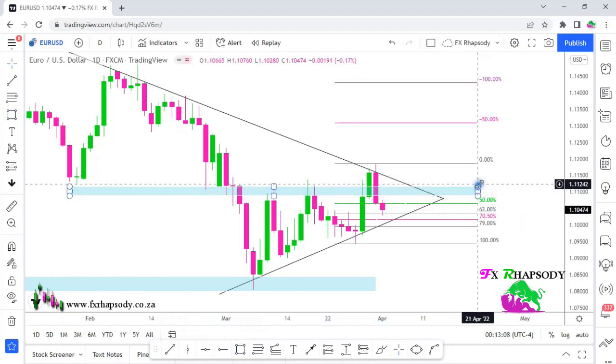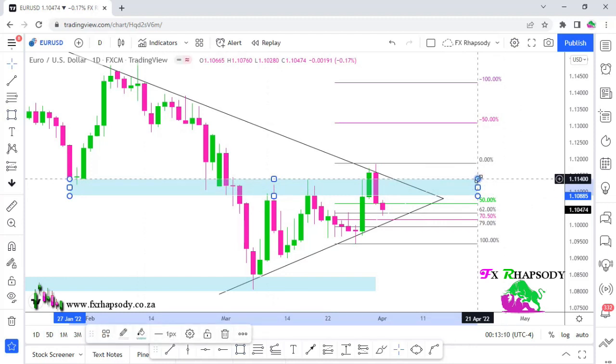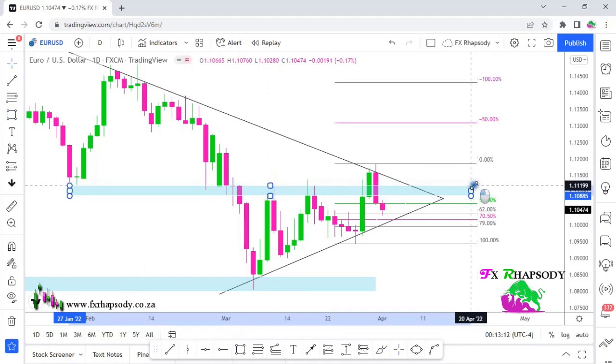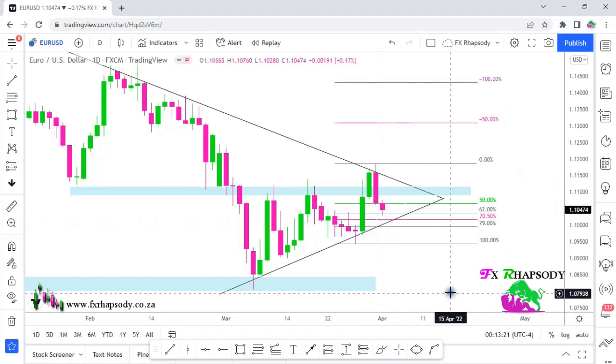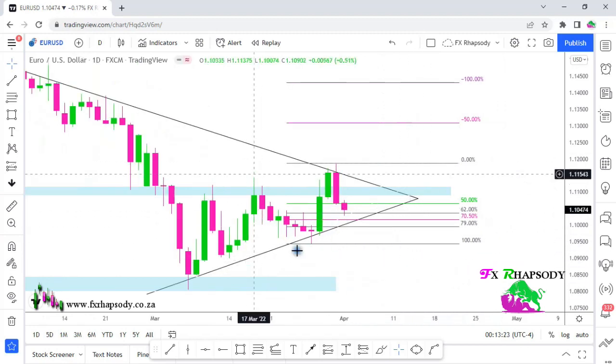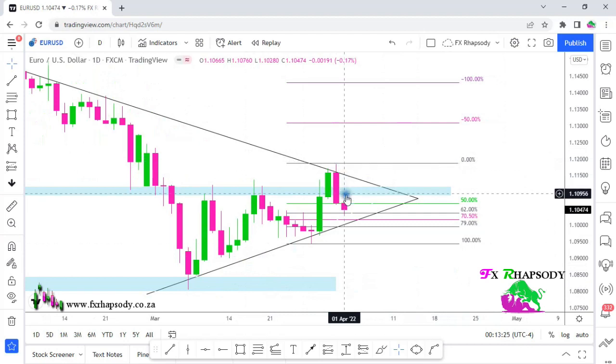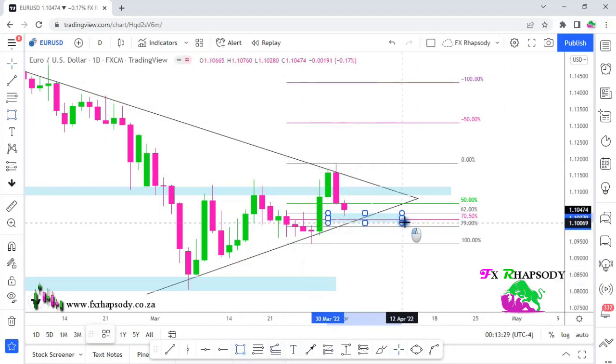Let's expand it to make it better. There we go. Not huge, but it was broken. On a daily time frame, small little candles don't seem huge, but it might be big. So we saw this break, we're seeing this retest, and it has touched into our zone.